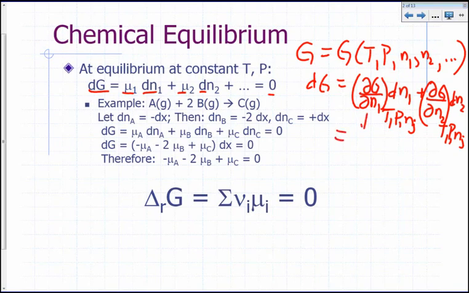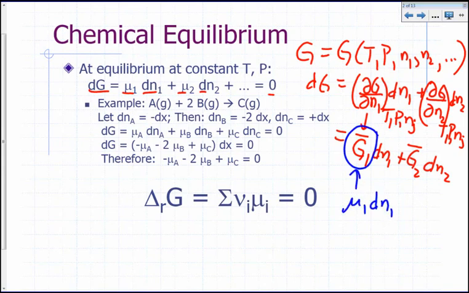The partial derivative of Gibbs energy with respect to number of moles is just the partial molar Gibbs energy. So this is G bar 1 dN1 plus G bar 2 dN2, and we said that partial molar Gibbs energy is just the chemical potential. So that's mu1 dN1 plus mu2 dN2, and so on.